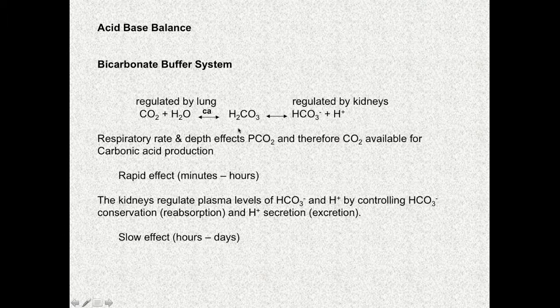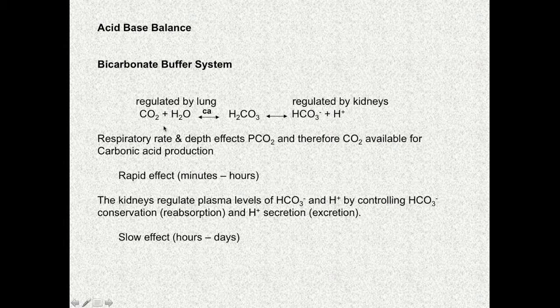So the direction of this process really depends on what we call mass action, which means that depending on how much of the products we have at any point in this process will tell you what direction the process will go in.